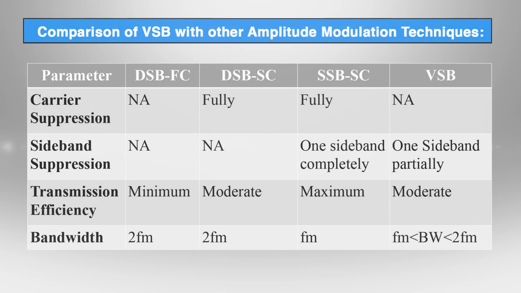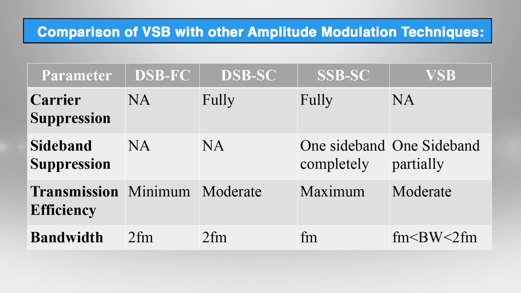Now, let us see the comparison of vestigial sideband with other amplitude modulation techniques. We will see this comparison table. We will compare the VSB signal with the DSB-FC, DSB-SC and SSB signals.